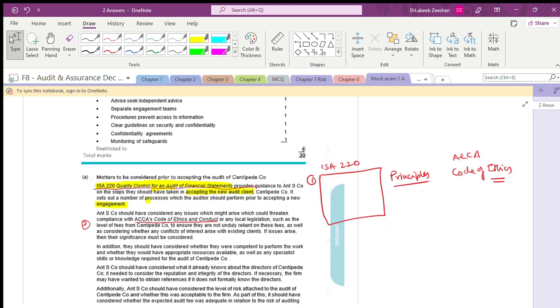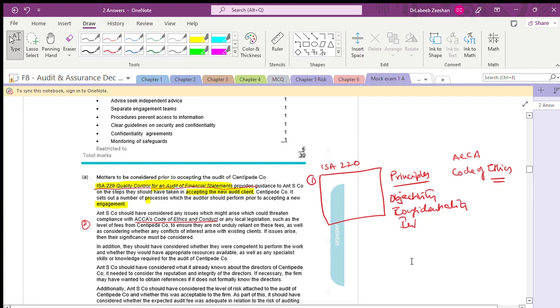Fundamental principles are what? Tell me fast. Objectivity. Next. Integrity. Confidentiality. Next. Professional behavior. Next. Professional competence. Next.